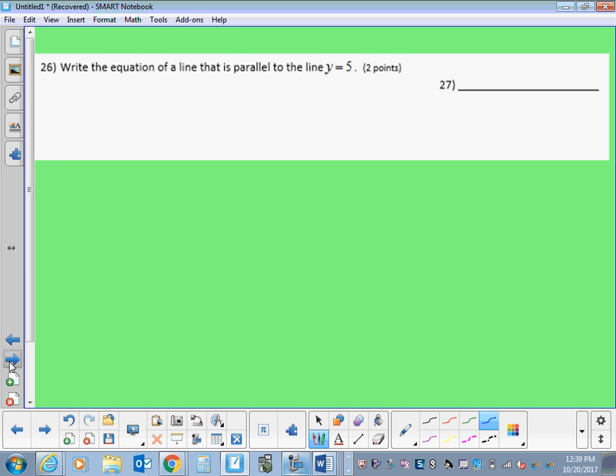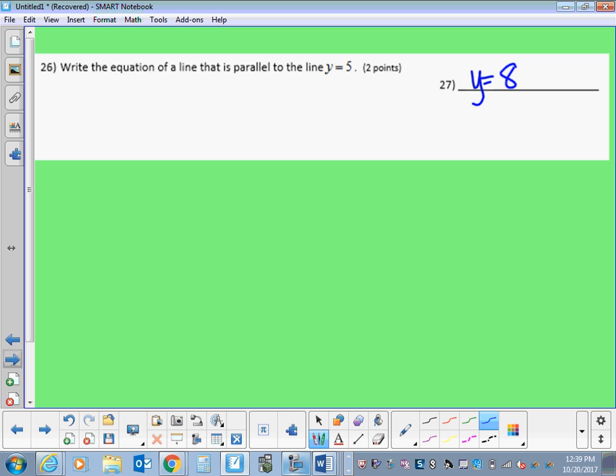All right. Don't overcomplicate this. Write an equation of a line that is parallel to the line y equals 5. Well, if it's y, what kind of line do we have? Is it vertical or horizontal? Horizontal, right? So I can pick anything I want. y equals what? Some say 8.